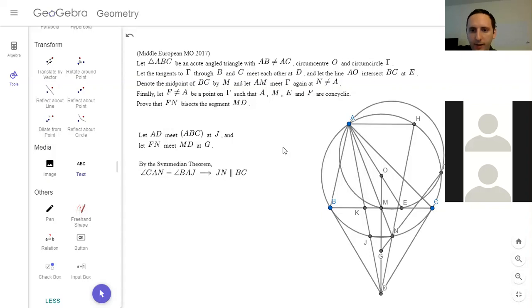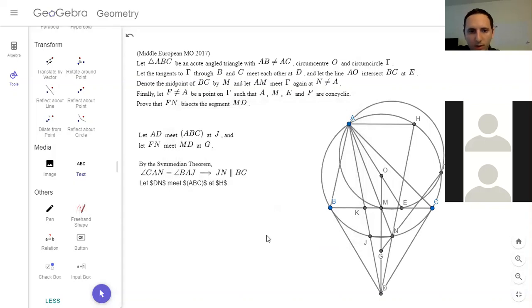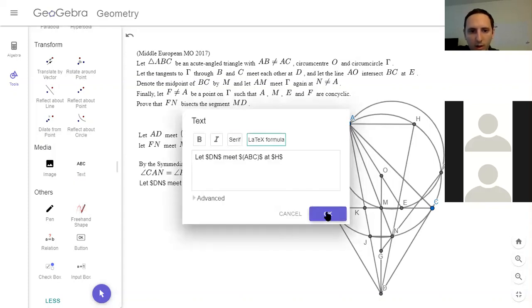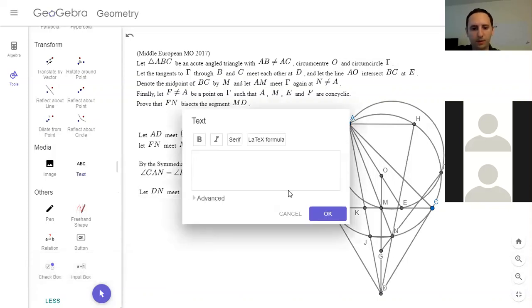So let DN meet ABC at H. So by symmetry, AM and N are collinear means that JM and H are collinear.